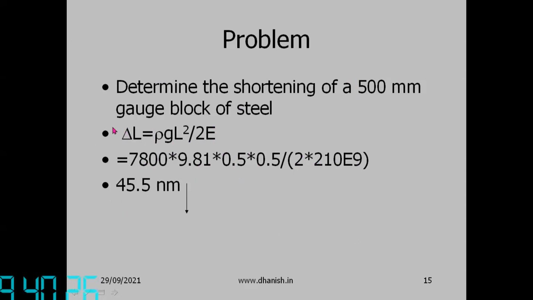So the deformation is 45.5 nanometers. So this self-weight deformation is much smaller. Usually we can neglect this, except when the length is large and the accuracy desired is high. Then you have to be very careful. But otherwise, this is negligible in most practical situations.